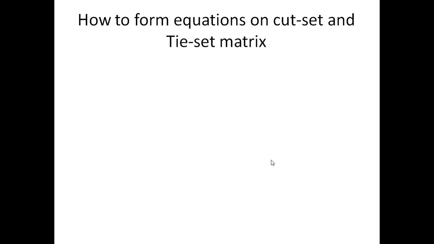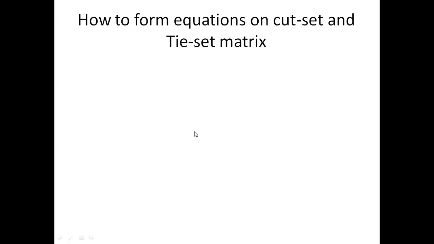So as a first step, we will see how to form the KCL and KVL equations from tie set matrix and then cut set matrix. So first thing, let us take a tie set matrix. Let the matrix be like this.